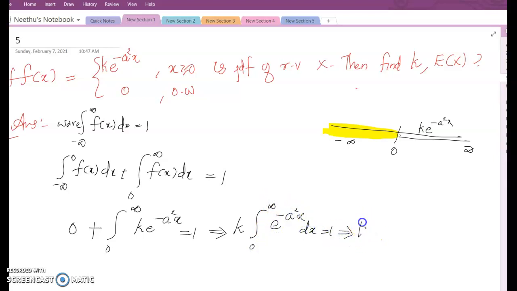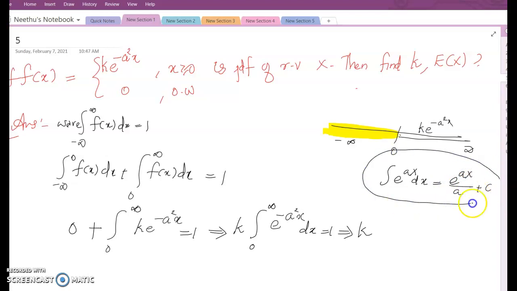We know that the integral of e^(ax) dx is e^(ax)/a plus c. Similarly, the integral of e^(-a²x) is e^(-a²x)/(-a²), with limits from 0 to infinity, equal to 1.